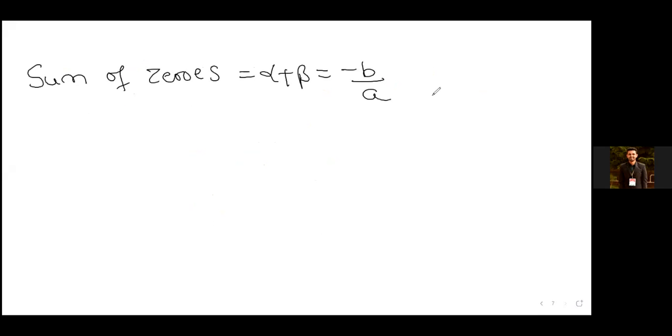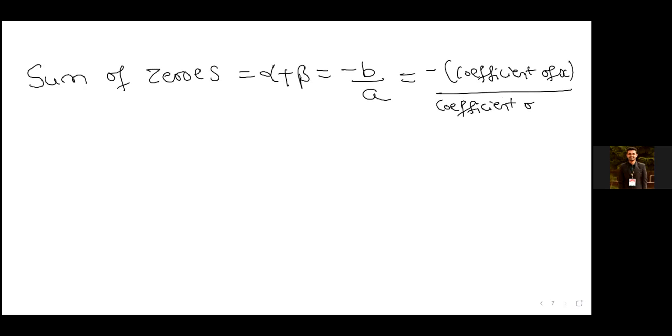Or I can write in general, sum of zeros alpha plus beta is equal to minus b upon a, which is equal to minus coefficient of x upon coefficient of x square.